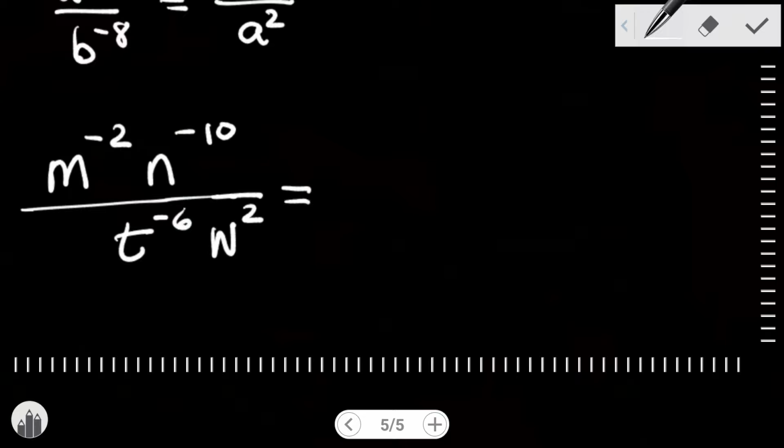All right, so this first one has m to the negative 2. Whenever you have that negative exponent, you're going to have to flip it. So m squared on the bottom.